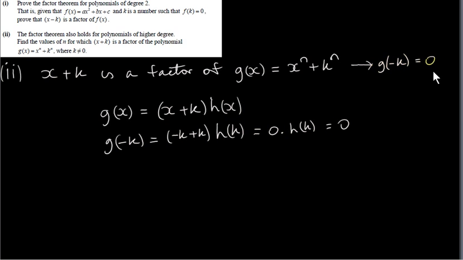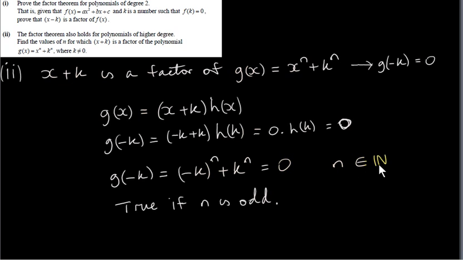In other words, g of minus k is 0. But now we can go back to what g of x actually is and sub minus k in for x. So we just copy this out, replacing x with minus k. And we want this to be 0, because we want x plus k to be a factor of g of x.